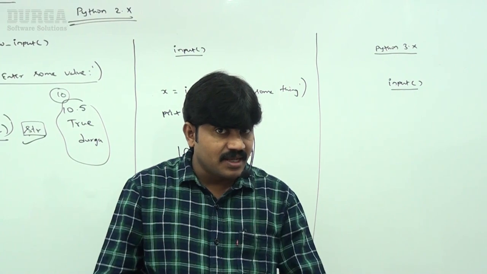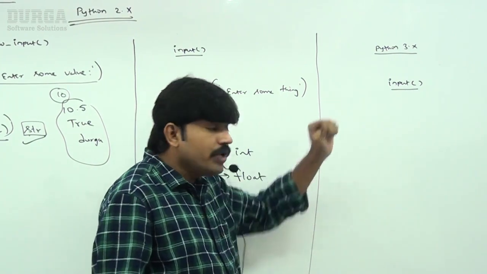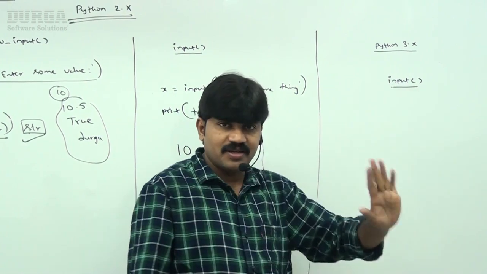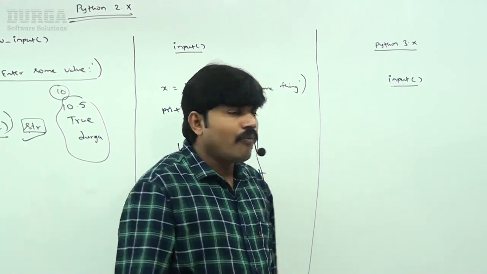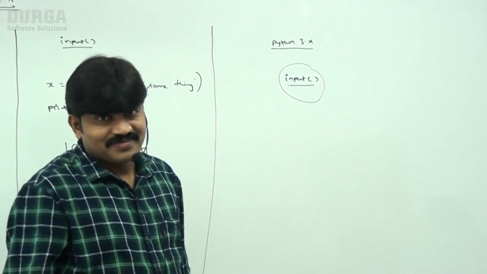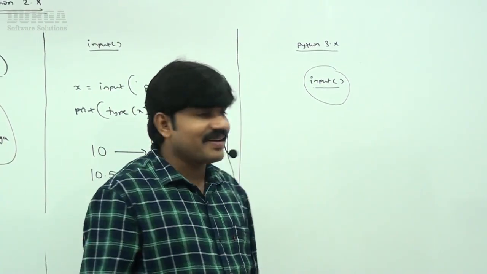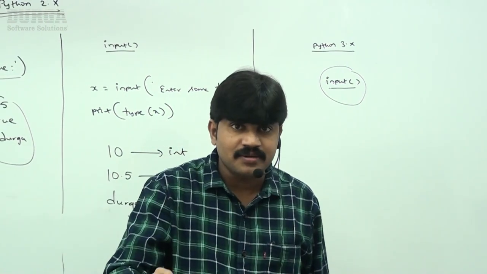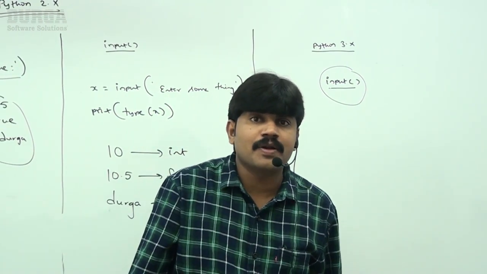In Python 3.x, we have only one input function. Can you please guide what is the return type of this input function? Sir, in Python 2.x, the input function return type is based on your provided value.